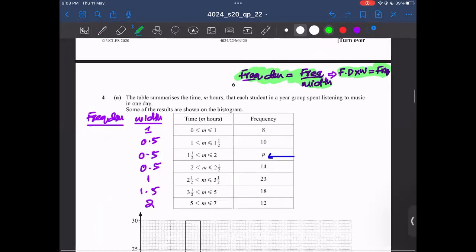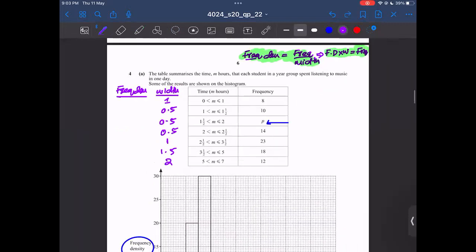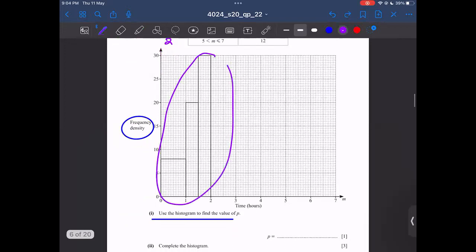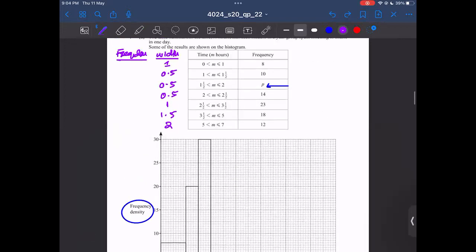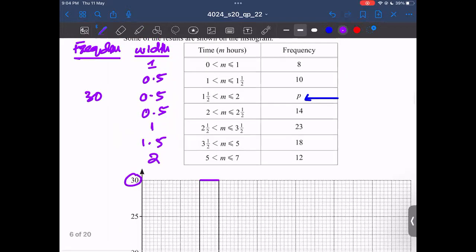Since I know the frequency density of the starting 3 classes, from the diagram we can find the frequency densities here. For the third one, we have the frequency density 30 over here, the frequency density from the graph.